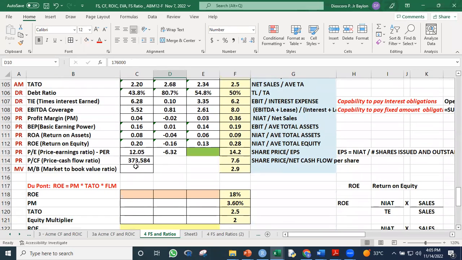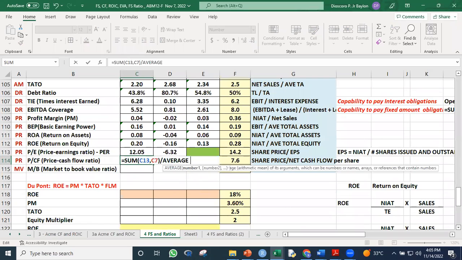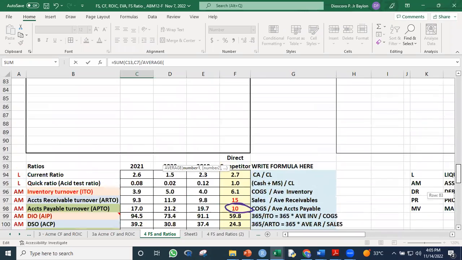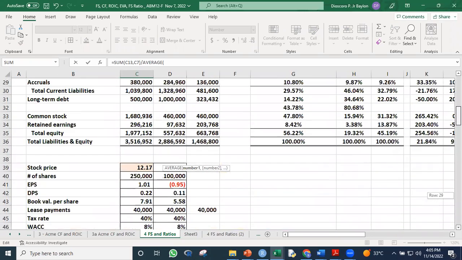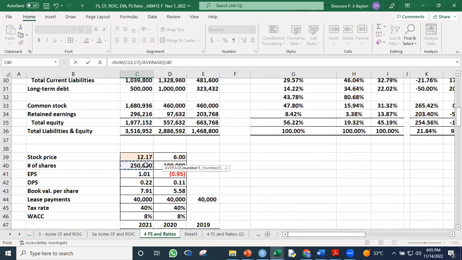Okay, so this one is already the net cash flow. Pag dinivide natin siya ng number of shares, and yung number of shares kasi nagbago, no? So dapat, kasi ito, net cash flow yan for the whole year. Tapos itong number of shares, at the end lang to eh. So dapat kinukuha natin average, if you recall the principle. No? So this is the cash flow per share.